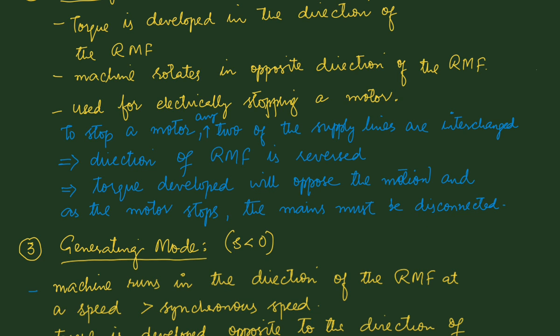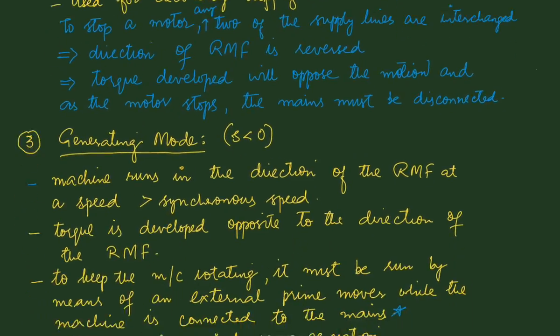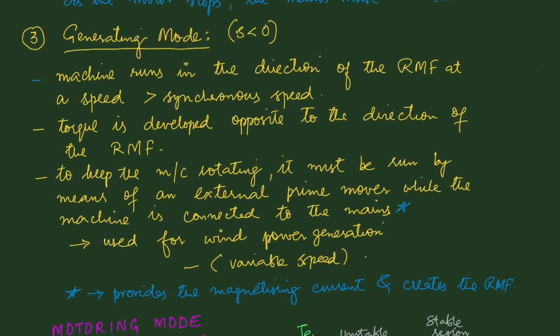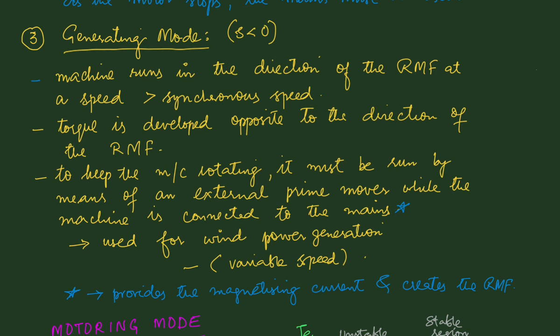The third mode of operation is the generating mode, which corresponds to a value of slip s less than 0. This means that the machine must be running in the direction of the rotating magnetic field at a speed greater than synchronous speed.